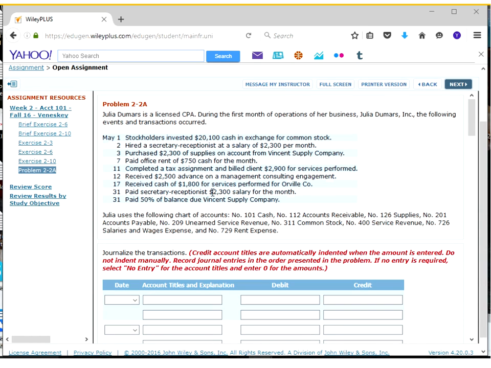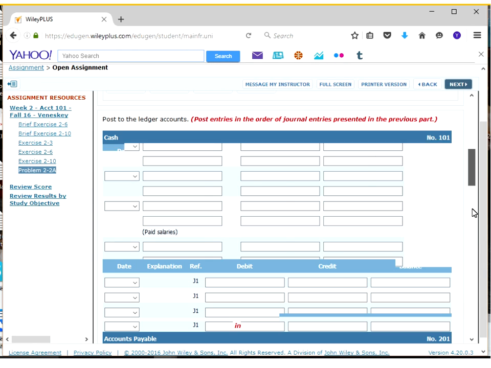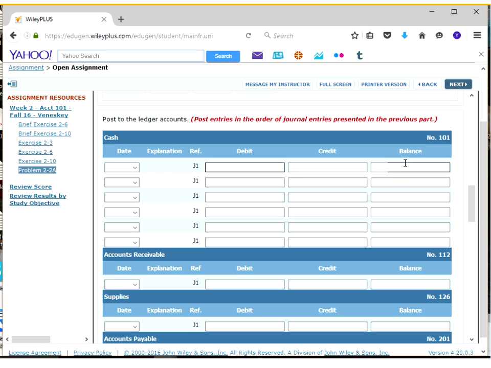But what I really wanted to bring your attention to was how they've laid out the T-accounts here in Wiley Plus. How they've laid them out is more of a horizontal view, as you can see here. And what they want us to do after each one, and we'll do some examples to help illustrate this, is update the T-account balance at the end of every transaction.